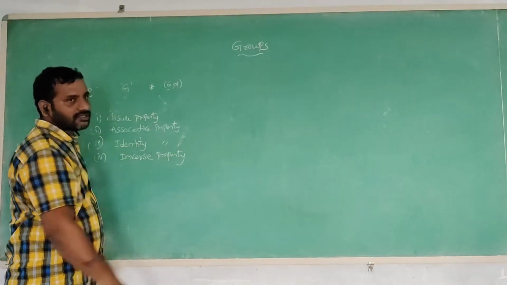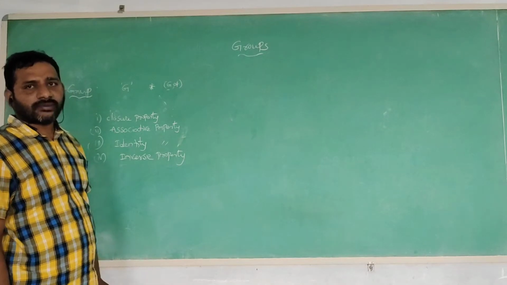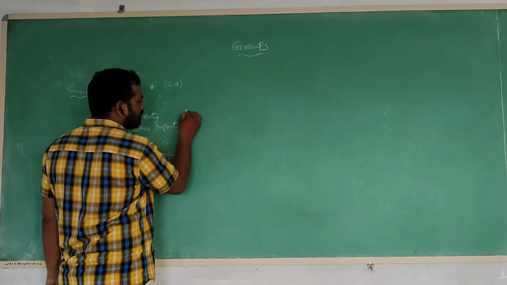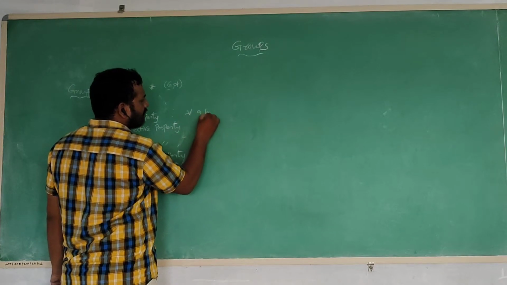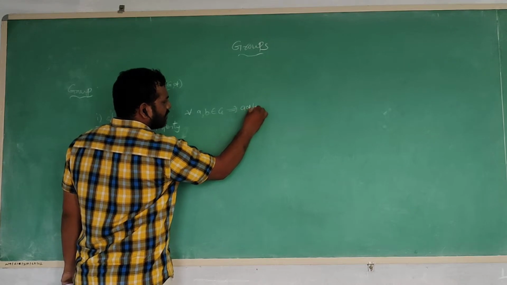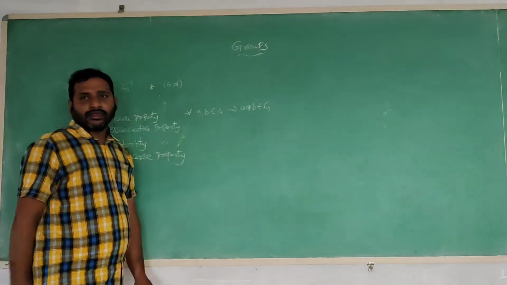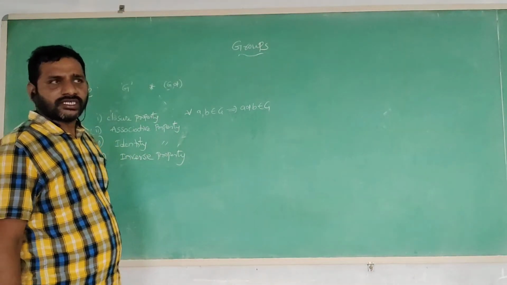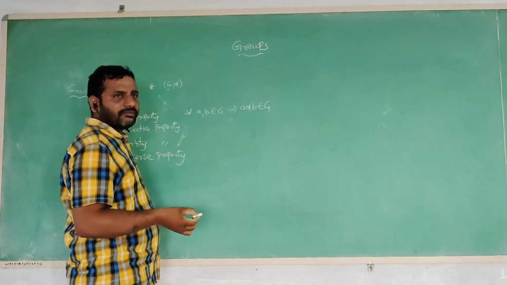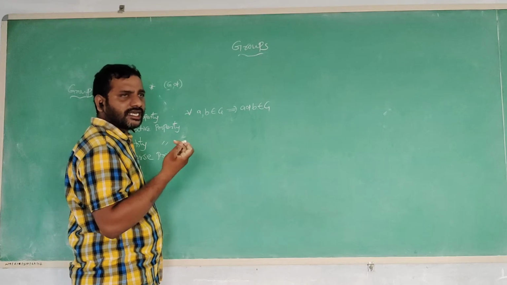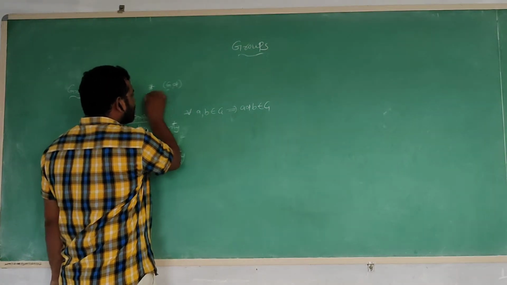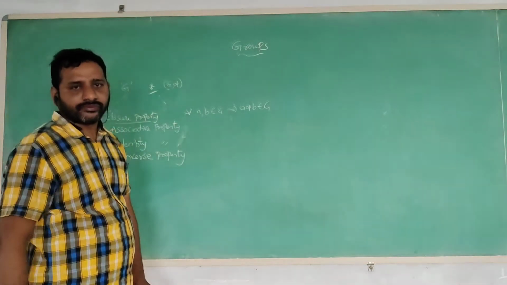Then the first one, what is the closure property? Suppose for all a, b belongs to G, that implies a star b belongs to G. Then G satisfies the closure property with respect to the operation star.